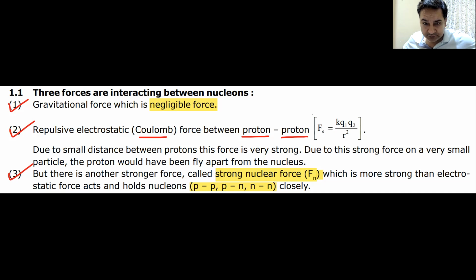And therefore, there is a lot of energy, because this force creates energy. If I somehow break this nucleus, which we are going to do in this chapter, this large amount of energy will be released, and that is what we call a nuclear bomb, a fission bomb. Have you heard about Hiroshima and Nagasaki?